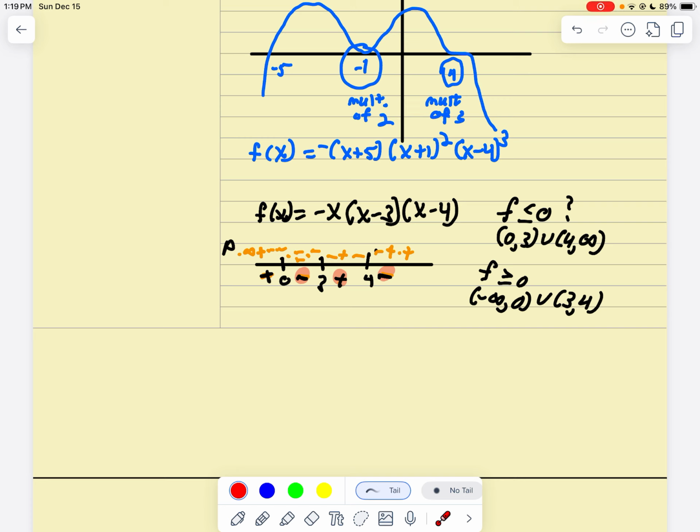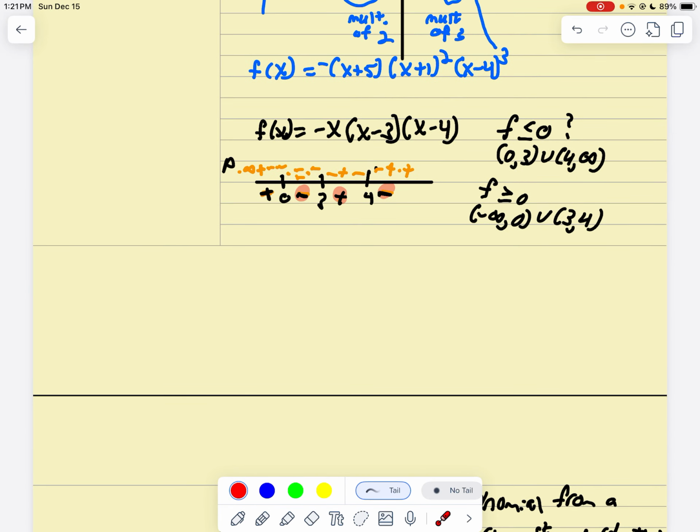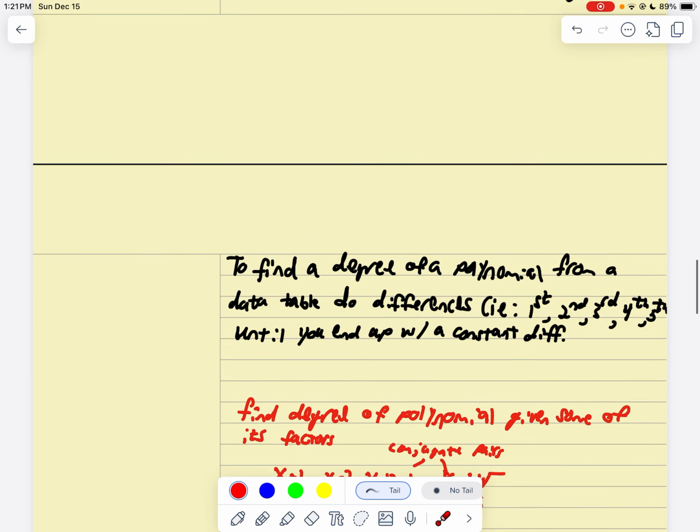So whenever you get negative, that means f is less than 0. So it's between 0 and 3 and 4 and infinity. Whenever you get a plus, that means f is greater than 0. So that's from negative infinity to 0 and from 3 to 4. And if you want to know when is f of x, no, that's it on this actually, sorry.